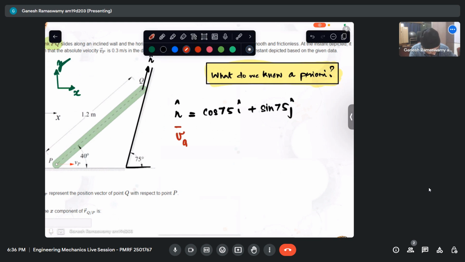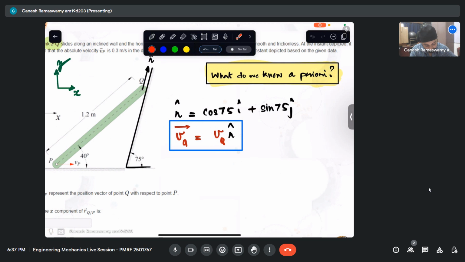If I take vQ to be the magnitude, then I can write this. This is my velocity of Q, with a magnitude of vQ which is unknown, and along n cap.